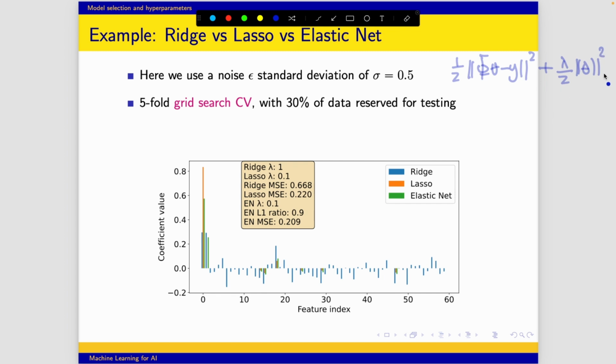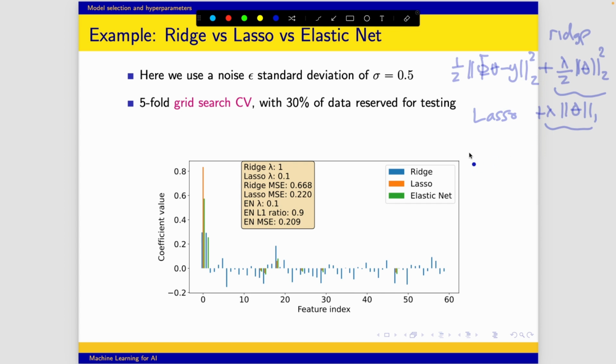And in Lasso, what we do is we replace this with plus lambda times the norm of theta, but the 1 norm. So that's Lasso. So this is Ridge. This is Lasso.